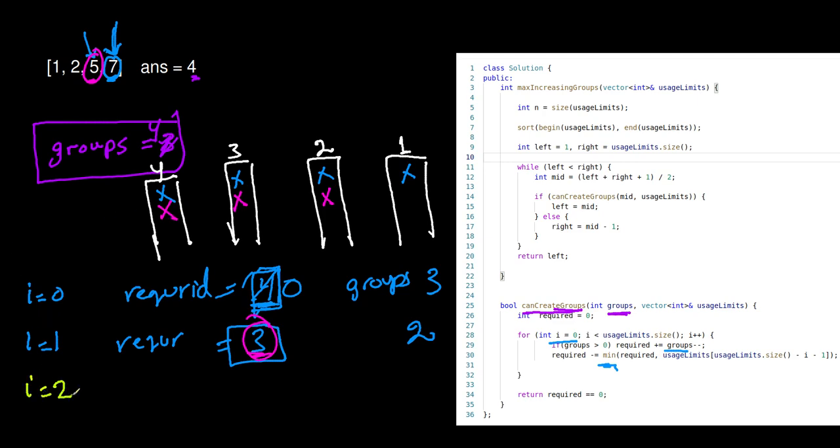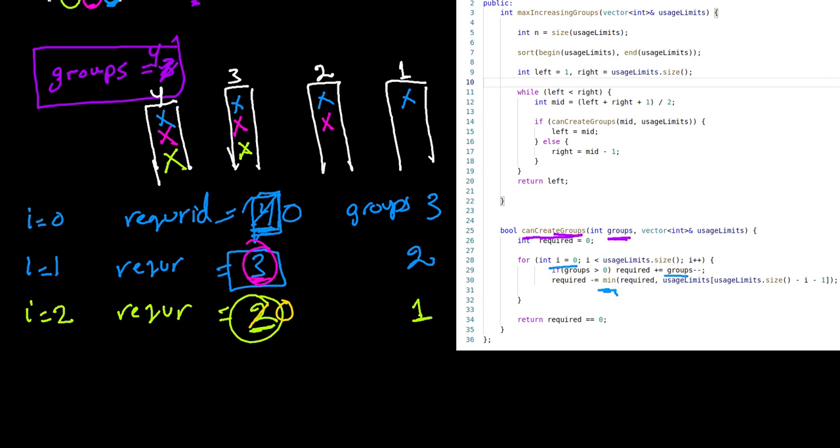Then I equal 2, required equal the number of the groups, and this is 1. Now we need 2, and here we have 2, the minimum is 2, so we fill with 2 elements, 2 minus 2 is 0.